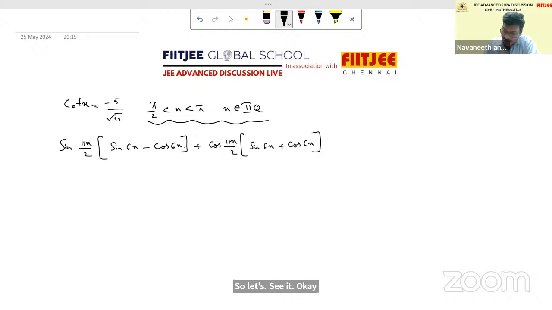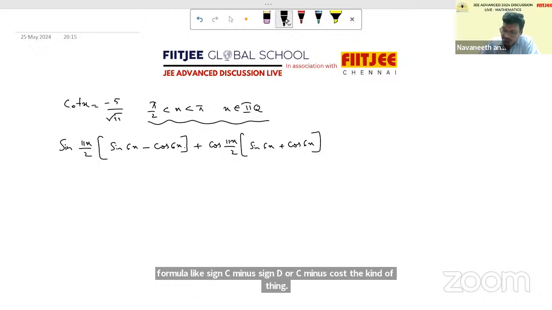Sine 6x and cos 6x are there, so either you convert this sine to cos or this cos to sine, so that you can use the formula like sine c minus sine d or cos c minus cos d.